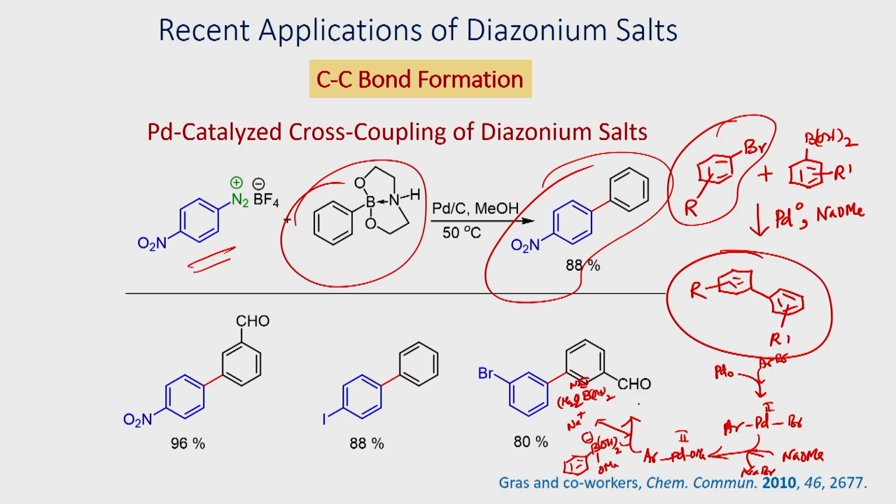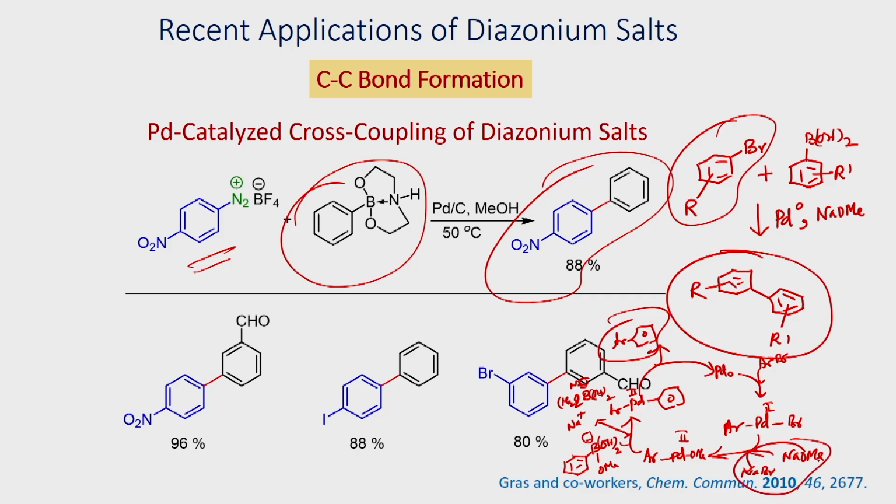Now if I write this one, then already this will be Ar, and this side you have the phenyl, you have now palladium 2. This can give the product by reductive elimination.